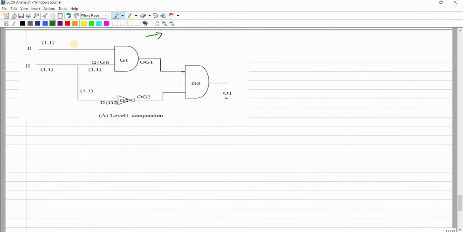Initially you can consider 1, 1, 1, 1 by default. Primary input values are 1, 1. I will first calculate combinational controllability, and after that combinational observability. For this given logic circuit, initially I will consider 1, 1 and 1, 1.